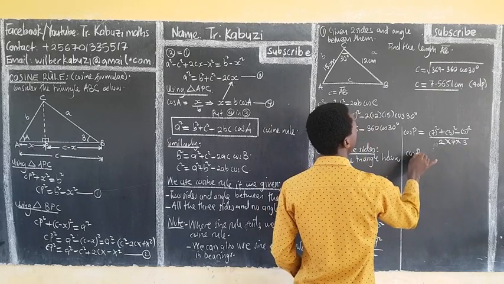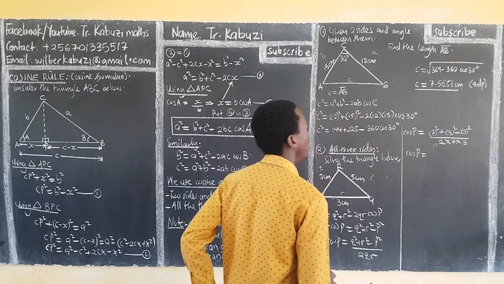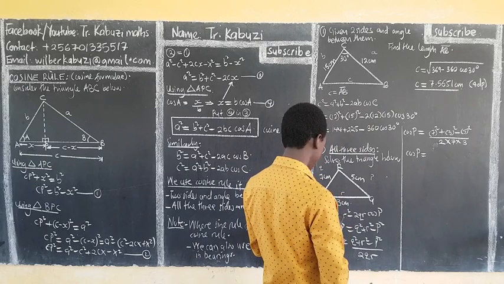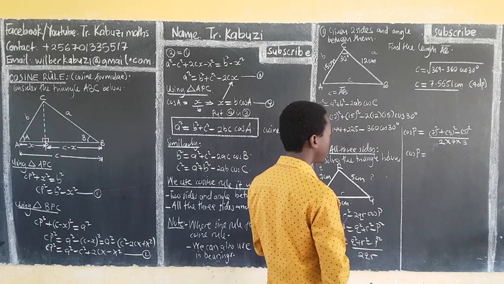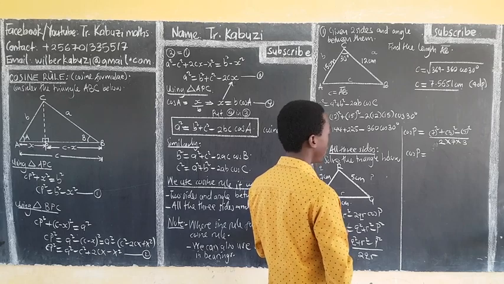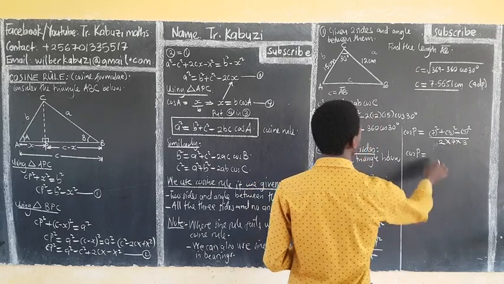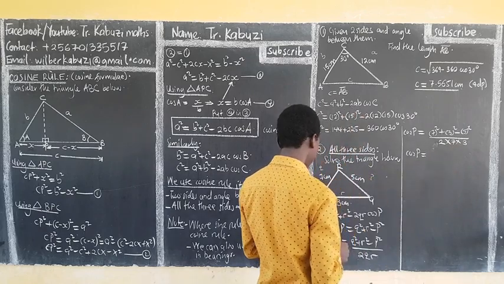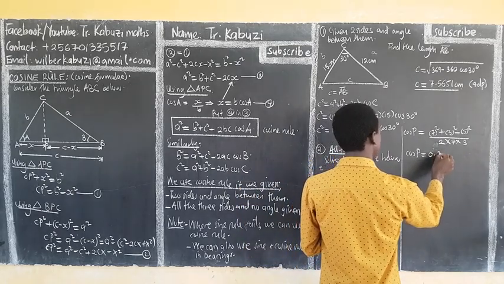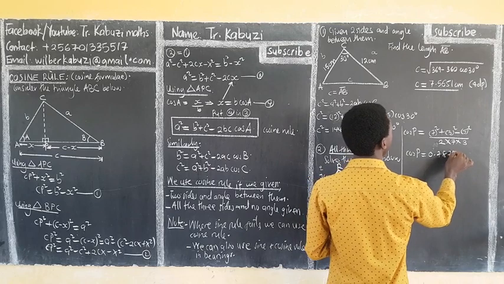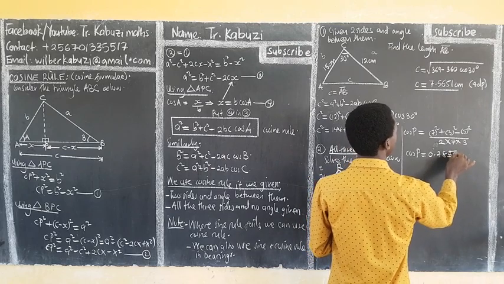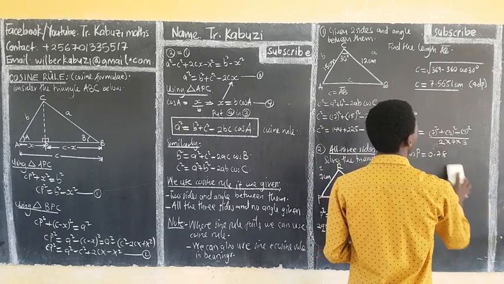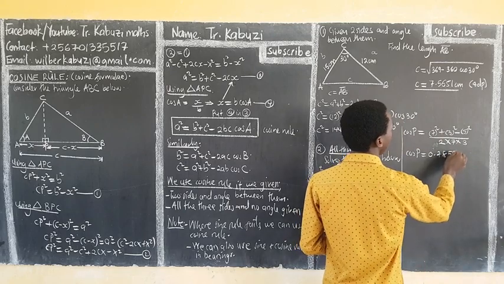And from here, your cos P, you first give this one to 4 decimal places. So this is 49 plus 9, that's 58, minus 25, divided by 21 times 2, that will be 42. This is 21 times 2. So here I'm getting 0.7857.